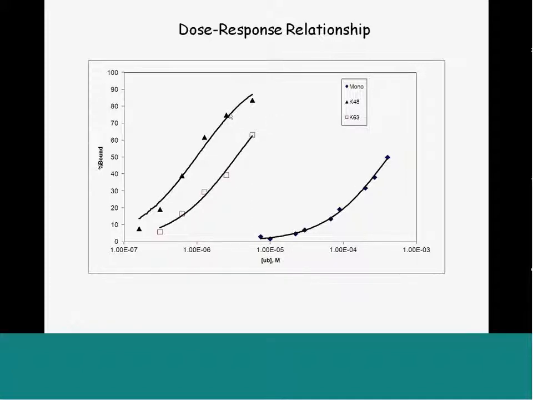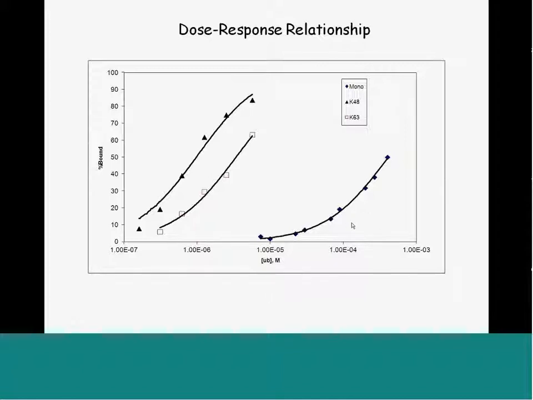But with K63 and K48, we're starting to get to maximal binding. You can kind of see where the maximum binding is. In this particular example, it looks like K48 might be binding with a marginally higher affinity than K63. Probably our KDs are in the 1 to 3 micromolar range, which is actually very high affinity for SPR type binding experiments, ubiquitin and ubiquitin binding domain.